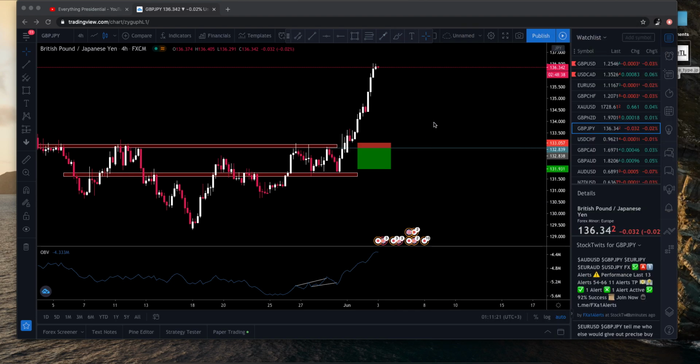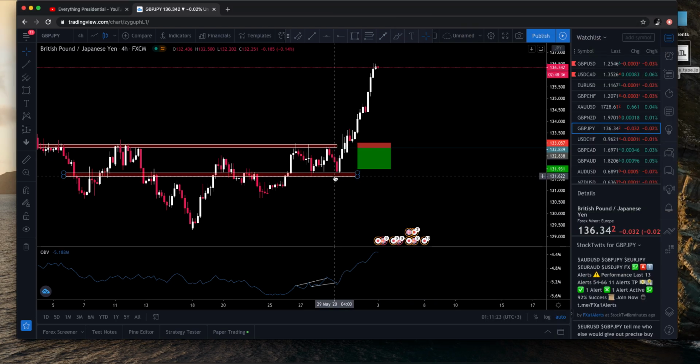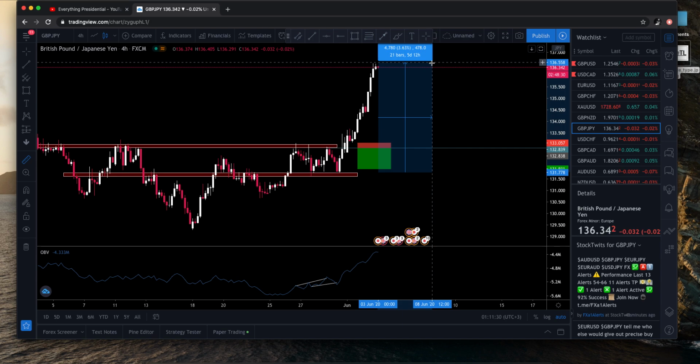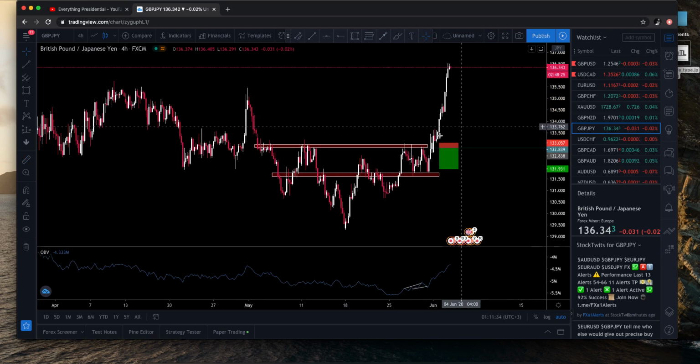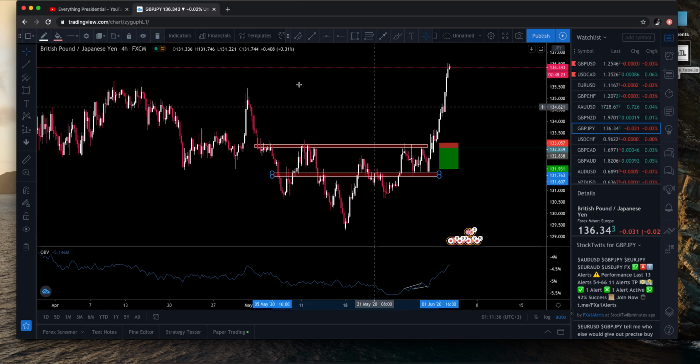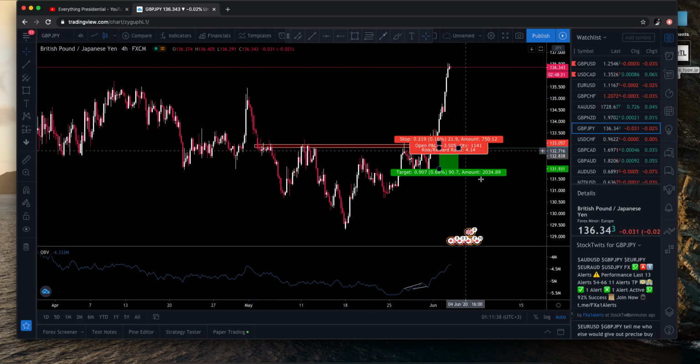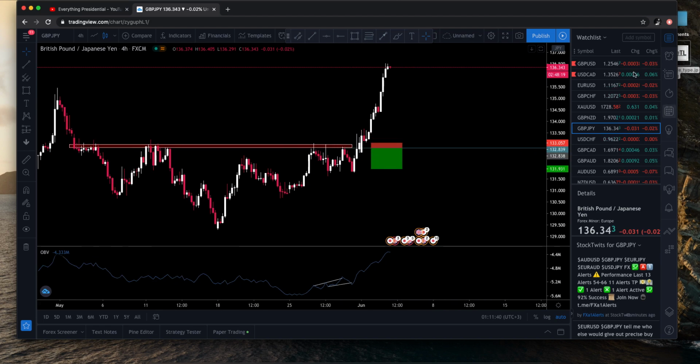Now, I could have bought this pair over here, but I didn't, unfortunately, and that cost me 470 plus pips. Well, I wouldn't say cost, but it would have been nice if I would have taken this trade. But I moved on to some other pairs.